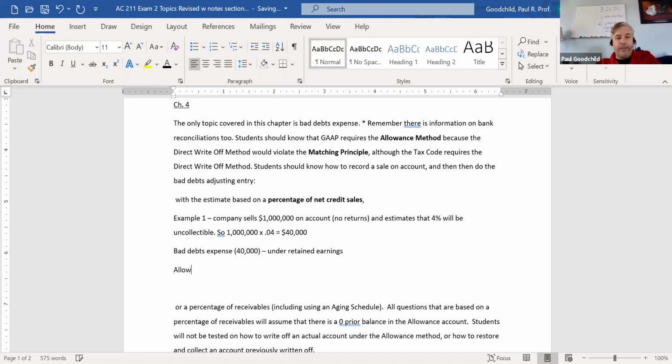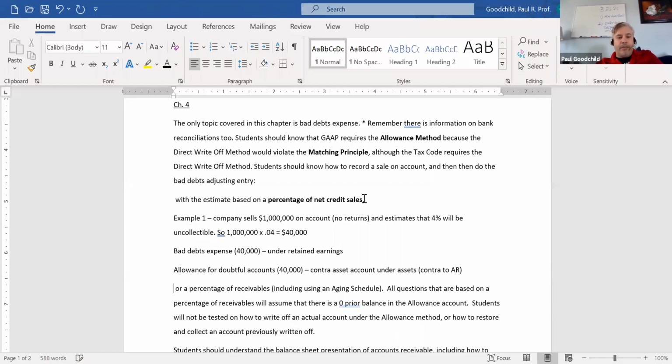And then you have allowance for doubtful accounts, 40,000. And that's a contra asset account under assets, contra to accounts receivable. Okay, so that's the first way to do it.